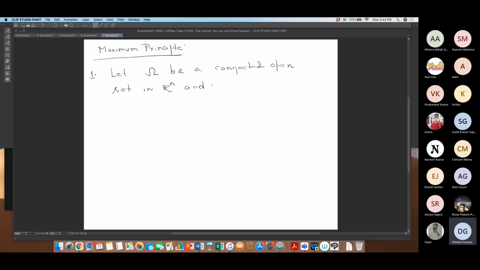And suppose a harmonic function u attains its supremum in omega, then u is a constant.